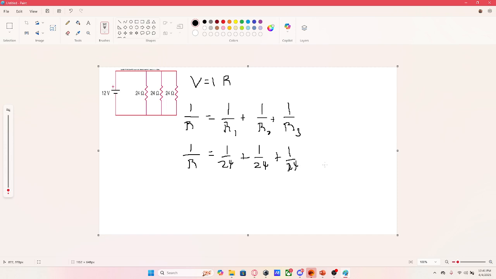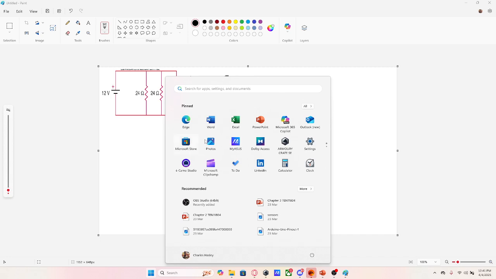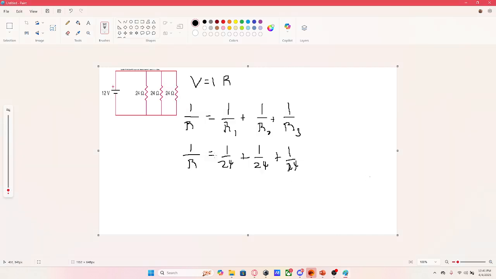Let me see if I brought my calculator. I don't think I do. Since all of these denominators have the same value, I just do it like this: 1 plus 1 plus 1 over 24. So we get 3 over 24 equal to 1 over R.